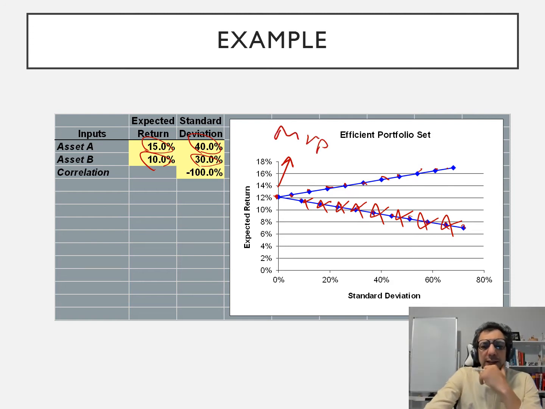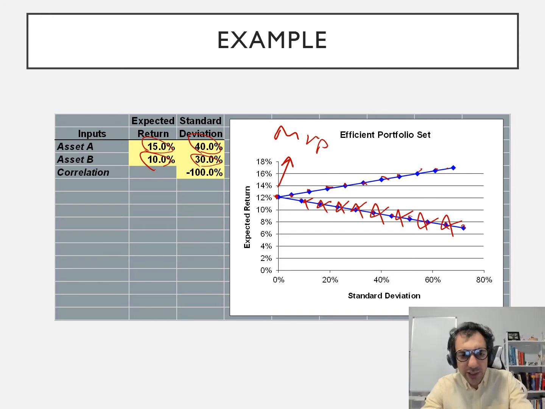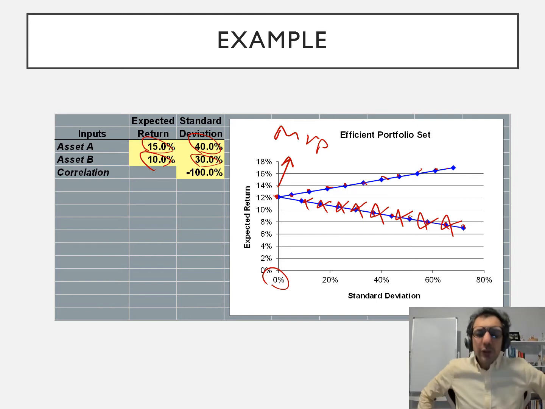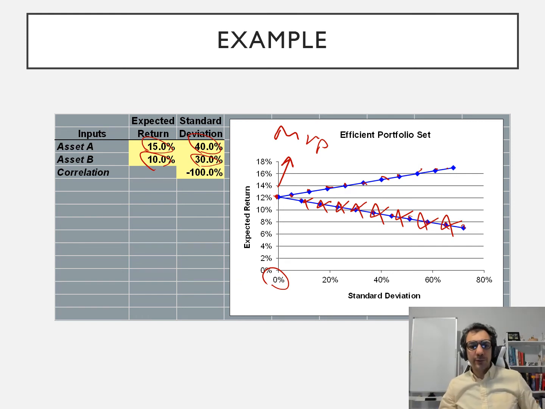But maybe you say, Ali, I see in this example that for the MVP, the standard deviation is almost zero or just zero. However, the expected return is 12%. So it seems you were able to form a risk-free portfolio under this specific scenario, just by combining two assets.